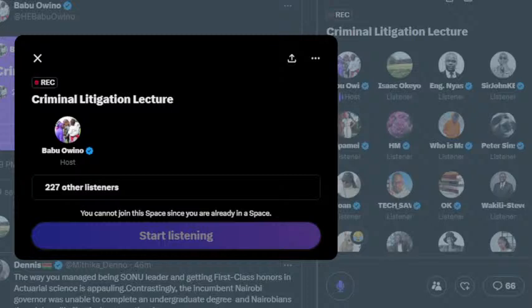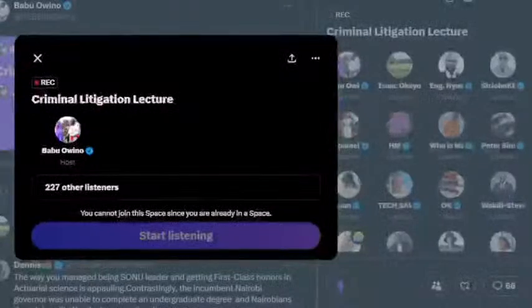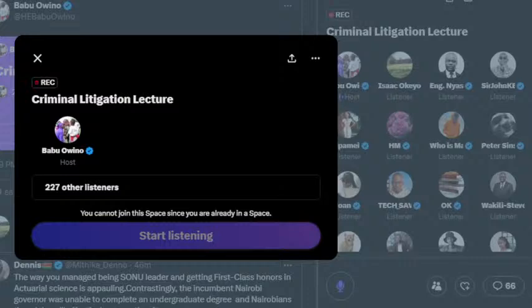The next one is extradition. Extradition is taking a person from one jurisdiction, one country, to another jurisdiction. For example, somebody committed an offense in Uganda or in America and comes and hides in Kenya. So in extradition, America as a country will ask Kenya.